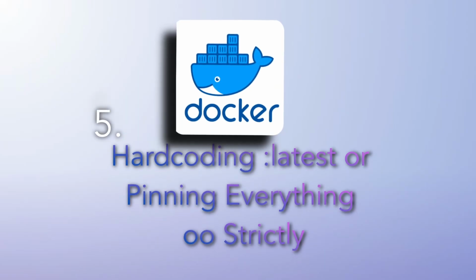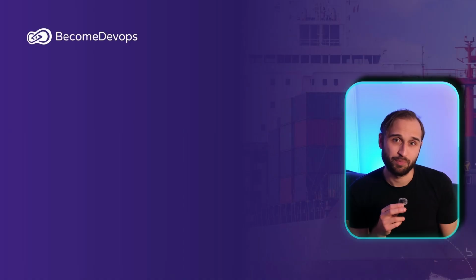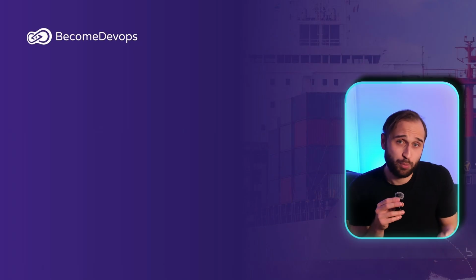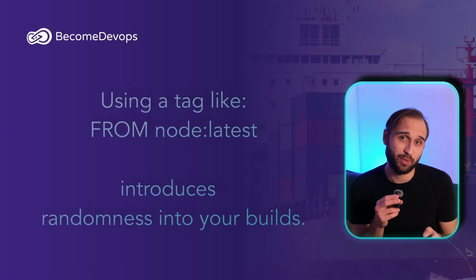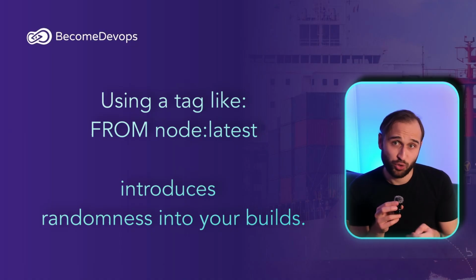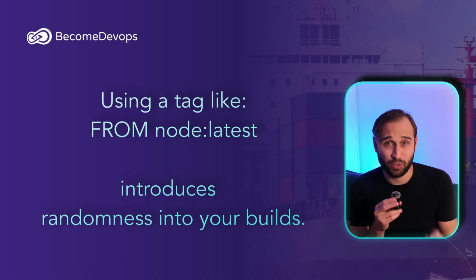Fifth mistake, hard coding latest or pinning everything too strictly. Using a tag like FROM node:latest might look pretty convenient, but in reality it introduces complete randomness into your builds. Latest is a moving target. Today it could be Node 22, but tomorrow it will be Node 23.